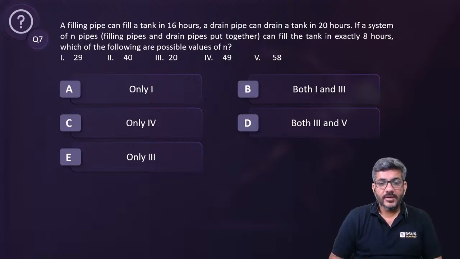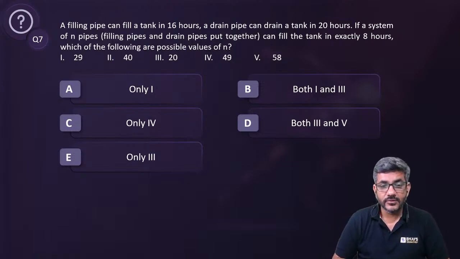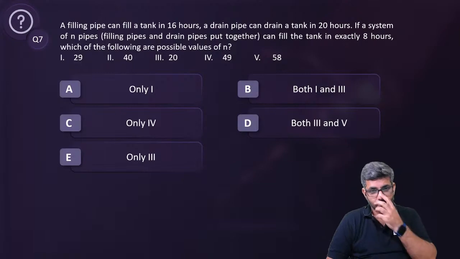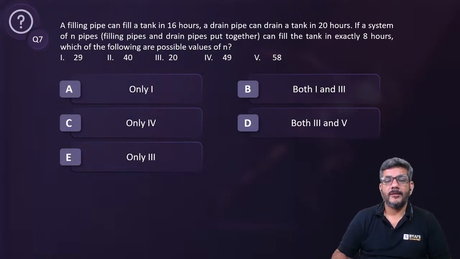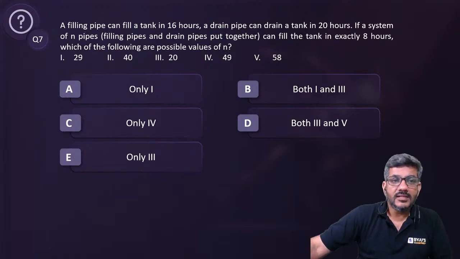Sorry, this is question number 7 that we are having. Which statements are correct? What are the possible values of N? I'll see at least one answer.